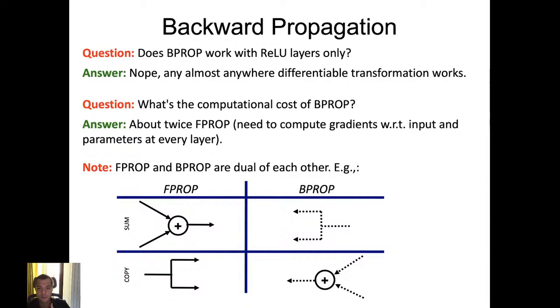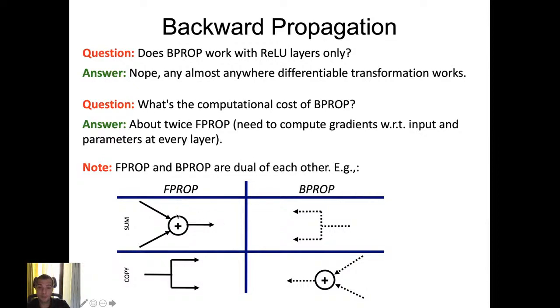Propagation. Since you need to compute the gradients with respect to the weights in each layer, assume that the input in this unit is the input and the corresponding weight. You multiply these two and sum them up.